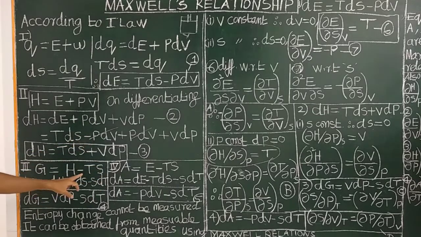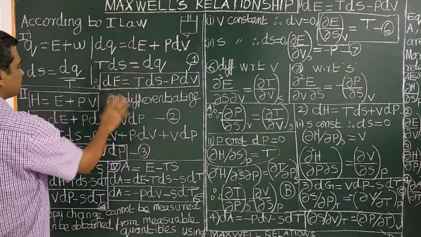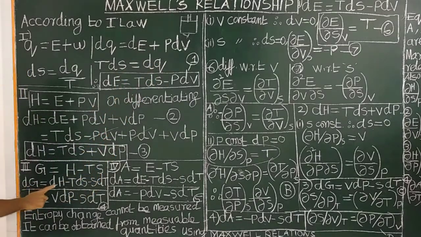Then G equal to H minus TS. Similarly, you differentiate the same as this. On differentiating, dG equal to dH minus TdS minus SdT. Therefore, substitute now dH equal to TdS plus VdP. The TdS terms will cancel, and then you get dG equal to VdP minus SdT.